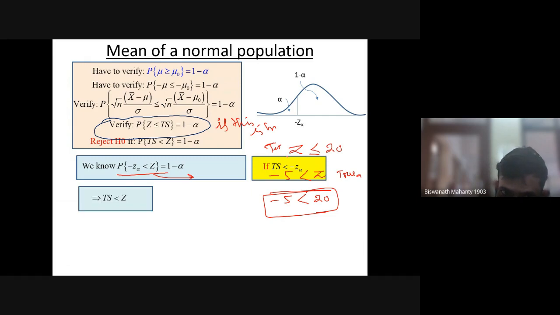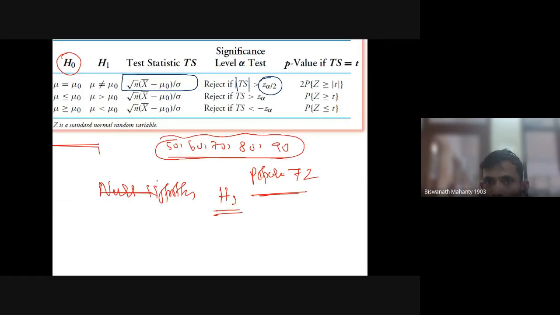So the same process I'm going to talk. TS is going to be less than z alpha by 2 if statistics wise value. So this is going to reject the hypothesis. Now we are coming into the last part of the decision. You see how to validate. This is the question.